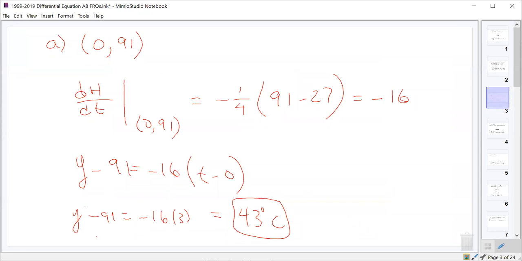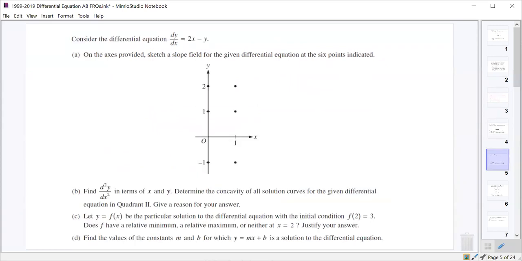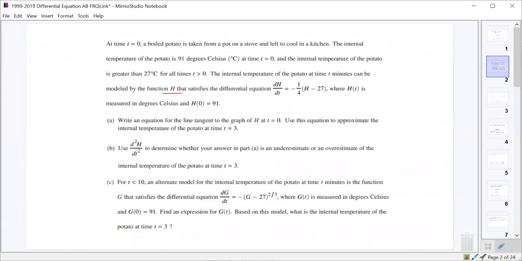Let's see here. I have to look it up specifically for this one. Let me look up the scoring guidelines. Give me 1 second. It's really easy to find this one.